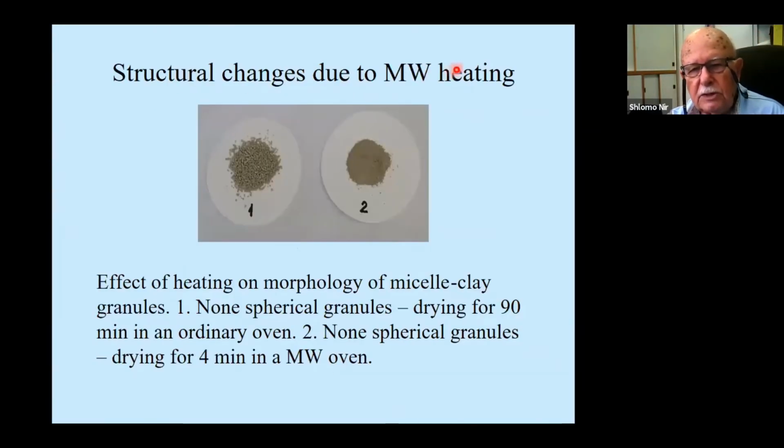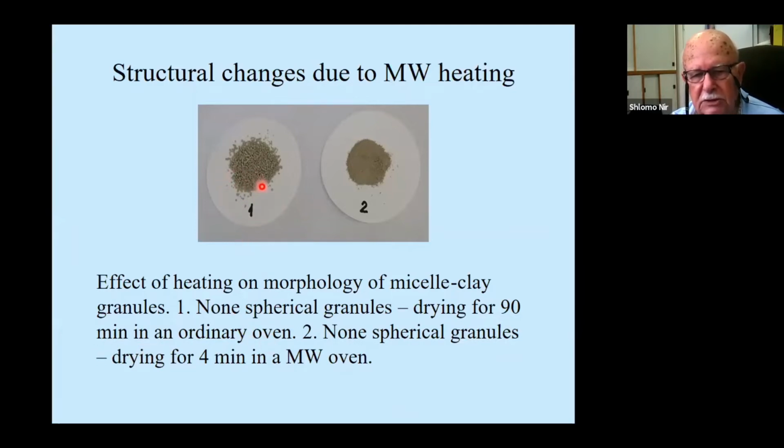In addition to the regeneration procedures which I showed before, we attempted regeneration by microwave heating. It was quite efficient, but occasionally there were failures. In this example, we have granules, non-spherical ones, heated for 90 minutes in an ordinary oven.